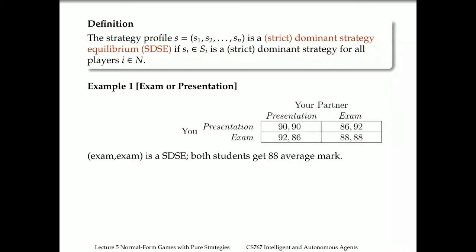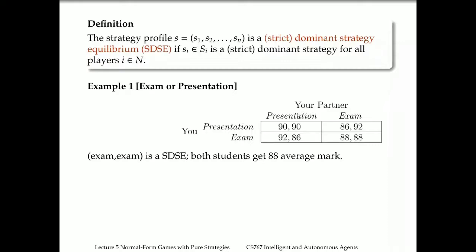If you look at that situation where you and your partner are choosing between preparing for the presentation or the exam, how would you respond? It doesn't really matter what your partner does. If you think about the situation, preparing for the presentation is always worse than preparing for the exam.